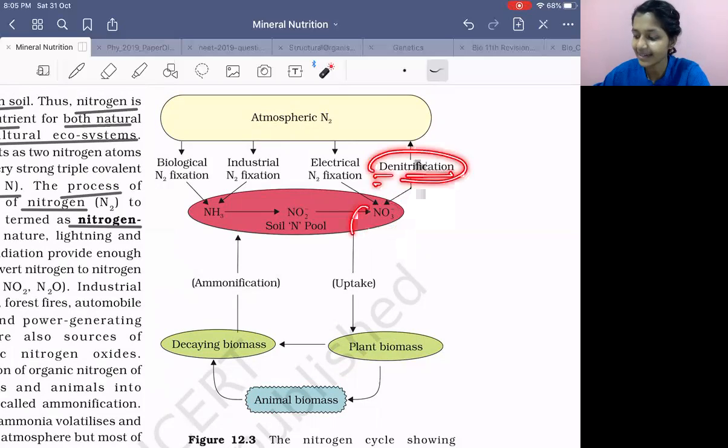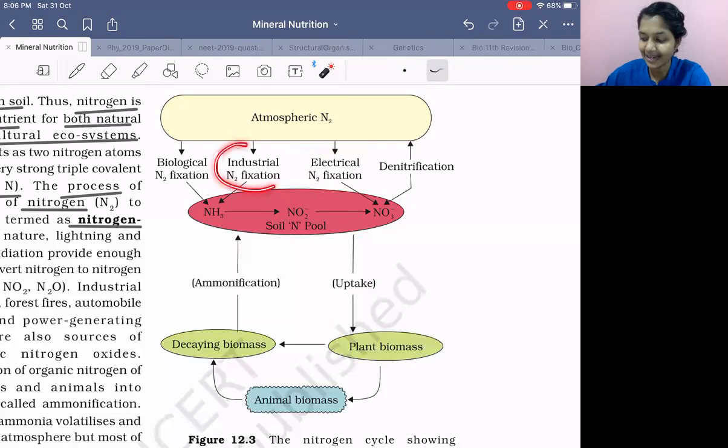Denitrification. When the nitrates again get converted to nitrogen, that process is denitrification. So atmospheric nitrogen can be directly fixed by thundering lightning, by industries, and by microbes as well.